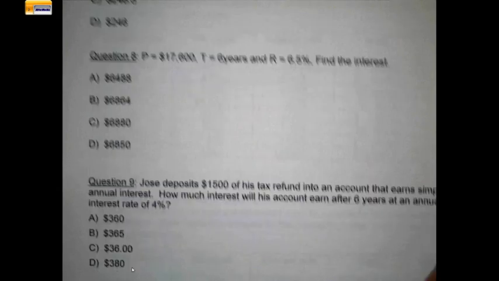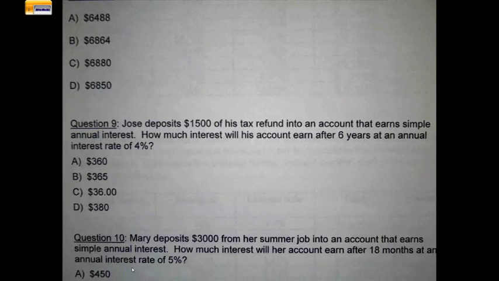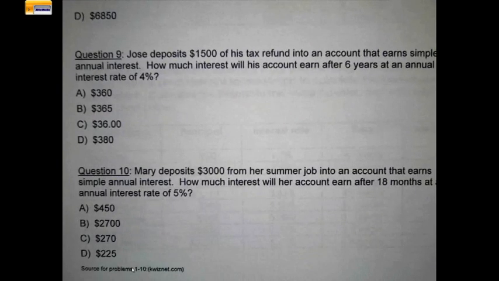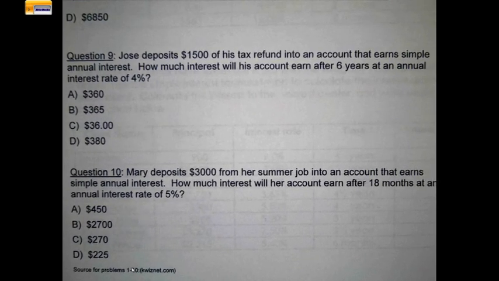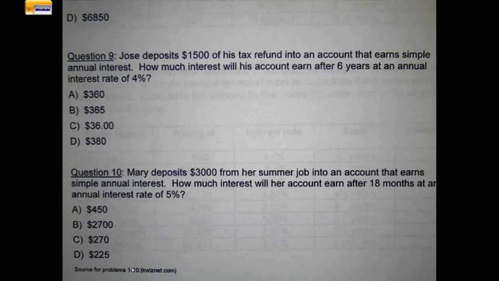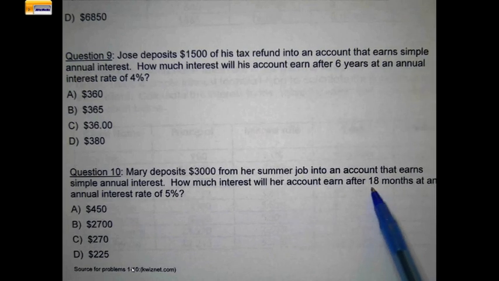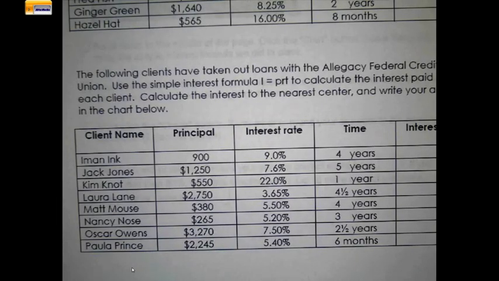Where do I have one that's different than finding the interest? Actually, all of these seem pretty easy. I don't think these are too difficult. 18 months. Just write your time as 18 over 12 here. Let's see, is number 5 different? Yeah, it's number 5. There's a couple that we can do that are different.